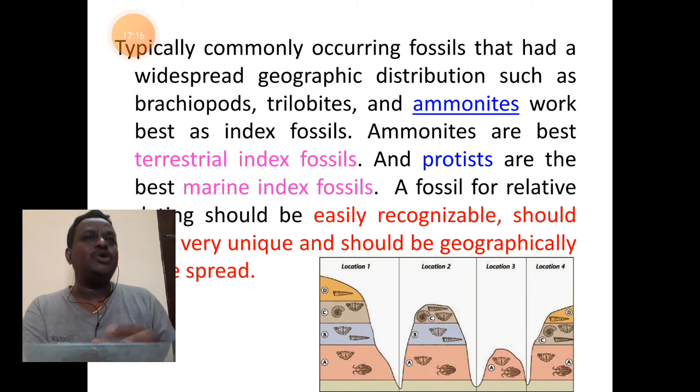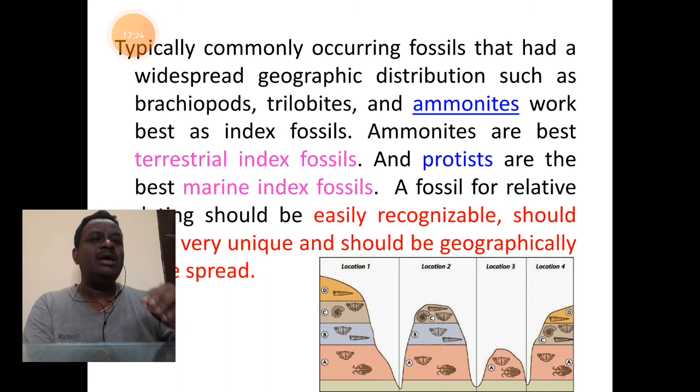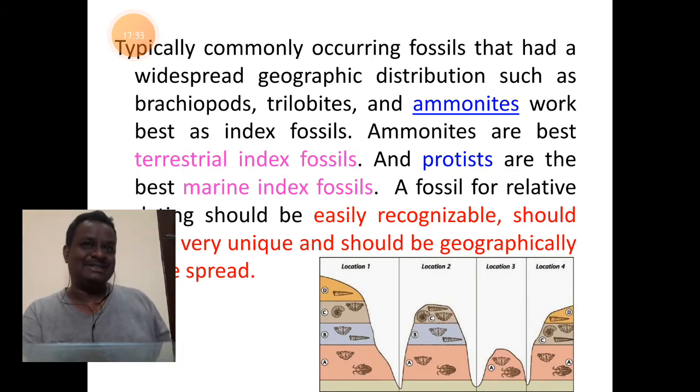Ammonites are a special group of organisms which act as fossils and are the best known terrestrial index fossils. So ammonites are the best terrestrial index fossils, whereas protists are the best marine index fossils.